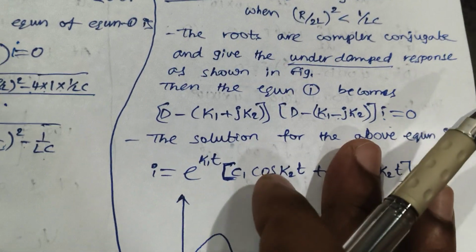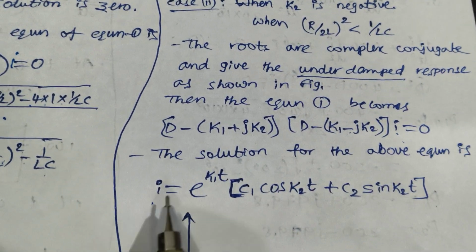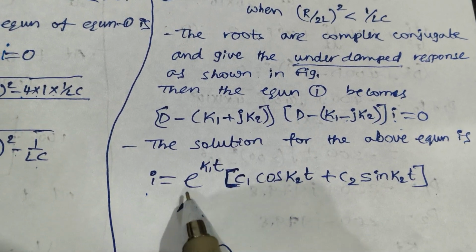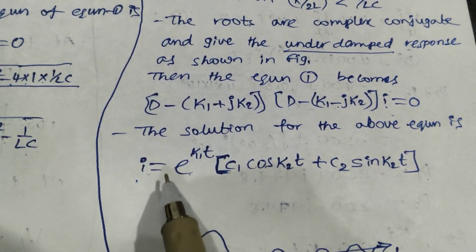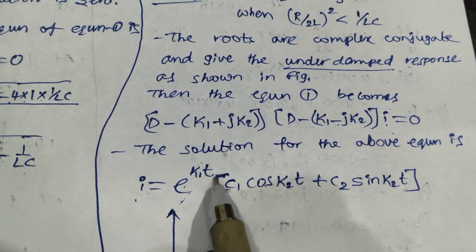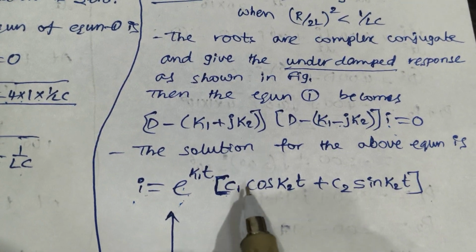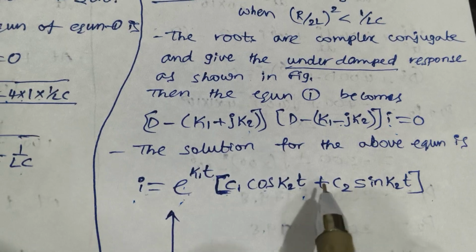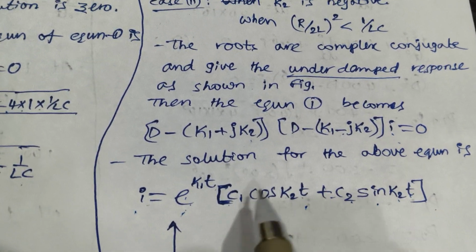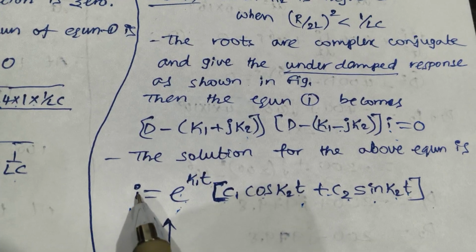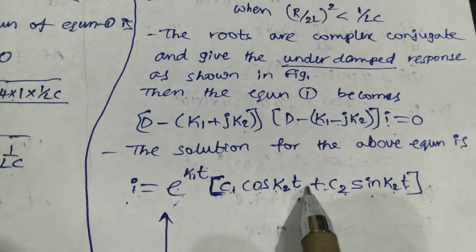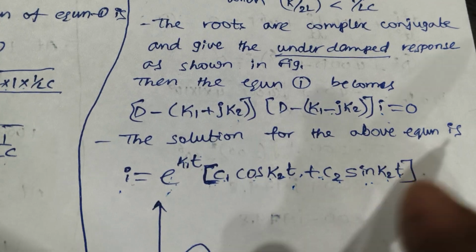For this, when you have complex conjugate roots, the current response is I equal to e^(K1 t) times (C1 cos K2 t plus C2 sin K2 t).